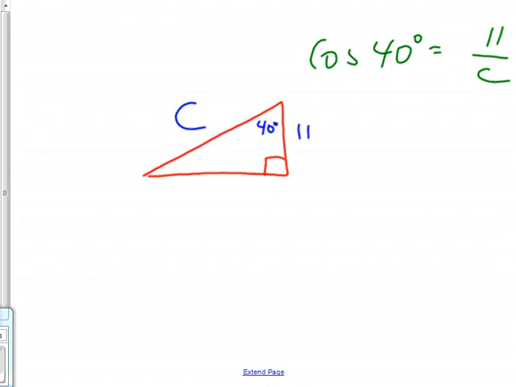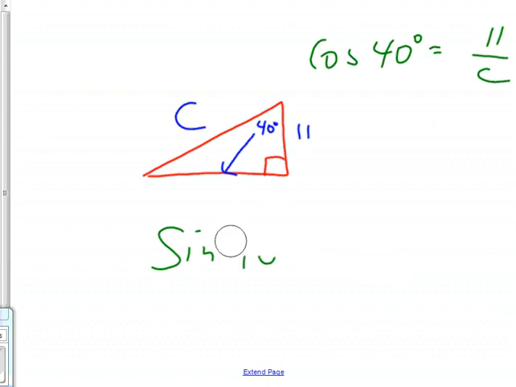Why would sine of 40 have been a bad choice? Because what's the next thing you have to write? Yes, sir? Yeah. Sine is opposite over hypotenuse. The first thing we got to do is opposite from here, and we don't know it. So right away I say, oh, no, not going to use sine. How about tangent? Could tangent have worked?